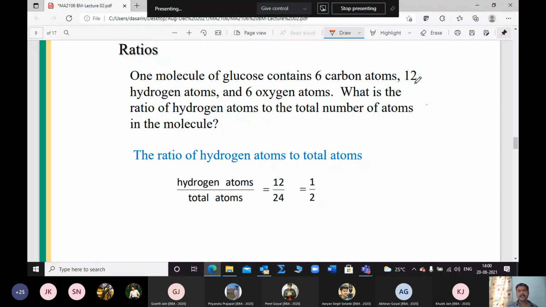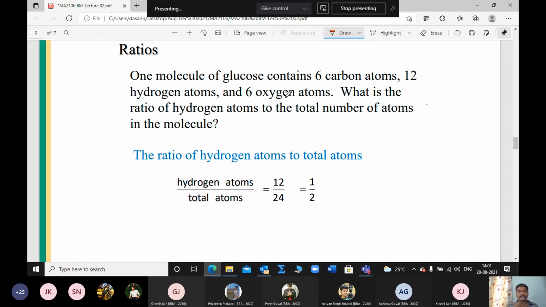So in total, if you wanted to count the atoms in that molecule, 6 carbon atoms, 12 hydrogen atoms, 6 oxygen atoms. In total, 6 plus 12 plus 6, that is 18 plus 6, 24 atoms were there in that one molecule of glucose.